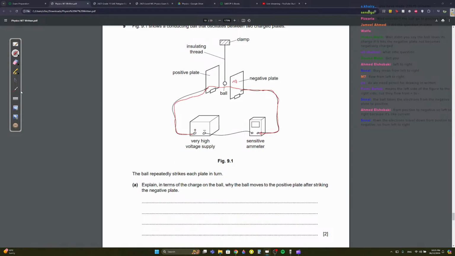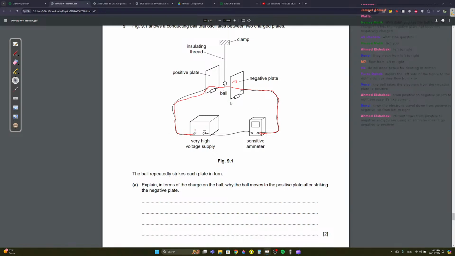Can someone confirm? The ball takes electrons from the negative plate to the positive plate. Okay, then the electrons travel down from the positive, from left to right. Current flows from positive to negative. And you're using an ammeter, it can't go negative. I understand that, but is my drawing correct?